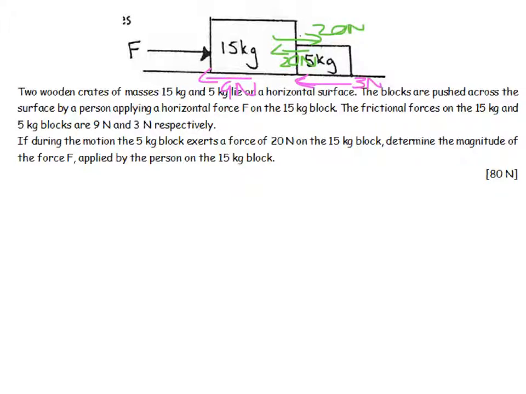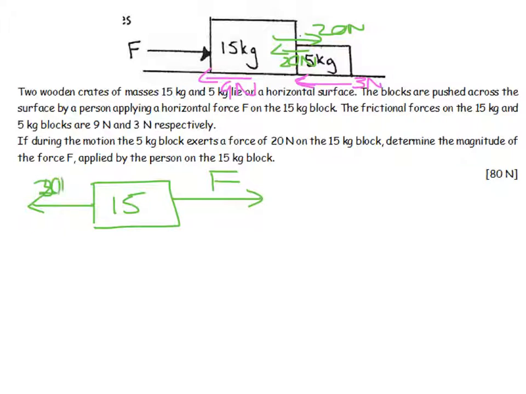I'm going to separate these two blocks out. The 15 has a force acting onto it from the front, and if you don't mind, I'm going to do it like a free body diagram. So I'm going to say that force F pushes to the right on the 15. And it is being pushed backwards by the 5 kilograms' 20 newton force. So that is a reaction force. This is an applied force.